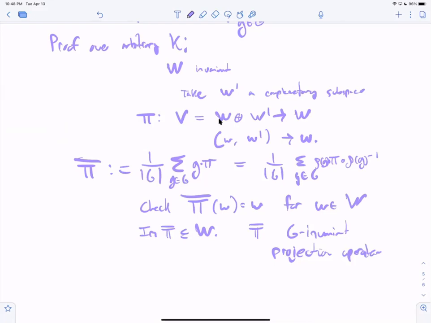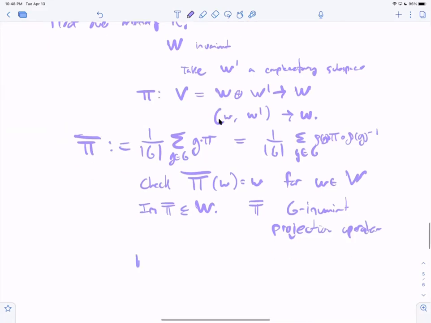And then the kernel of pi bar is a G-invariant complementary subspace. So it's a complementary subspace that's also a sub-representation.